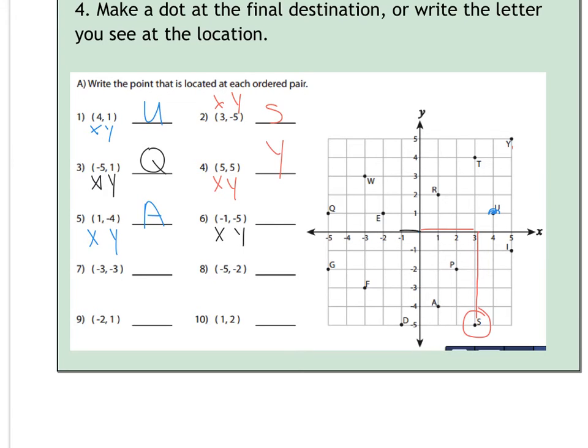X and Y: (-1, -5), we go to the left 1 and down 5 at D. (-3, -3), we go to the left 3 and down 3, and we're at F. (-5, -2): -5 on the x-axis is 5 to the left, -2 on the y is 2 down, and we end up at G. (-2, 1) would be left 2, up 1, ending at E. And (1, 2) would be to the right 1, up 2, ending at R.